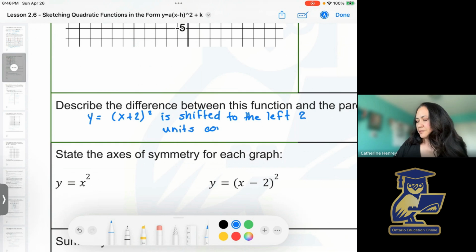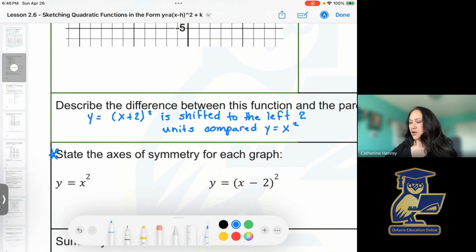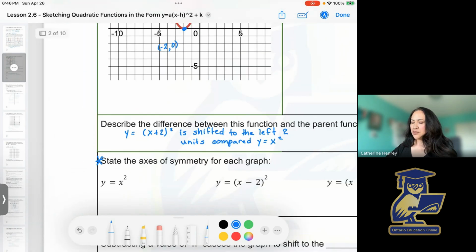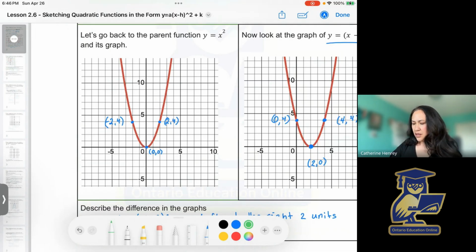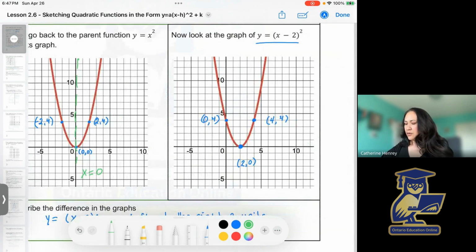So here I want to be able to state the axes of symmetry, so let's go back to our graphs and actually draw them in. Remember, the axes of symmetry go right through the vertex of each of the graphs. So for the parent function, going right through the vertex gives me an axis of symmetry of x equals 0. For the second function, going straight through the vertex gives me an axis of symmetry of x equals 2.